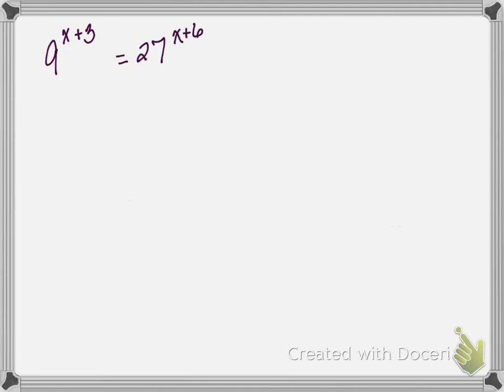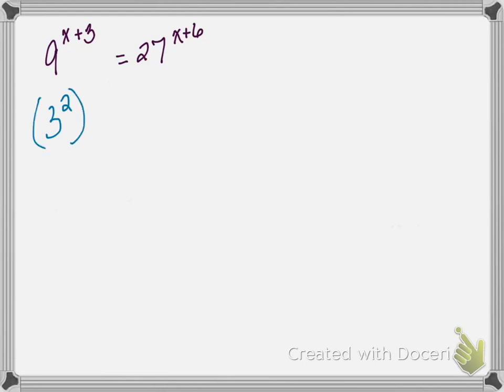Here's our last one. And this one is more complex because you have to rewrite both of them and then you have to use some of the property rules. I have 9 to the x plus 3 equals 27 to the x plus 6. Neither one of those are the same bases, and I cannot rewrite either one of them to get to the other one. But I can rewrite them in terms of 3. 9 is 3 squared.